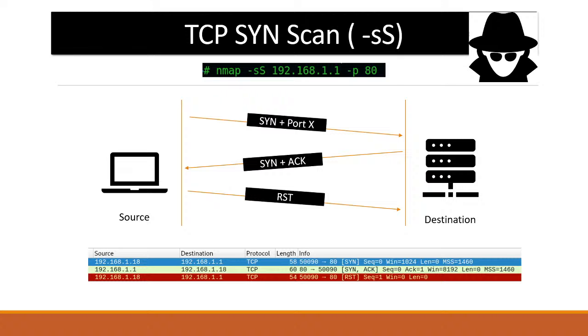So, how do you proceed with this? What is the command to proceed? The command is nmap space small s. The small s stands for scan type, and then there is a capital S saying that it is a SYN scan, meaning you are going to send a segment with the SYN flag on. And because the TCP header also needs a port number, you can specify a specific target port number with a hyphen small p.